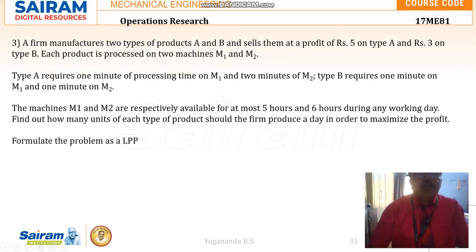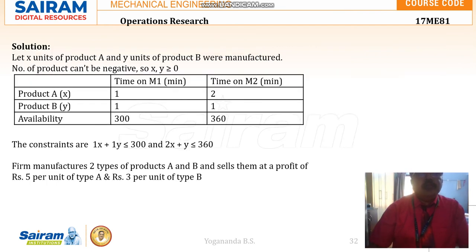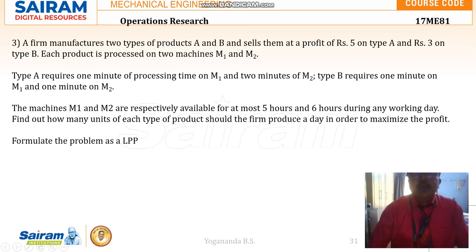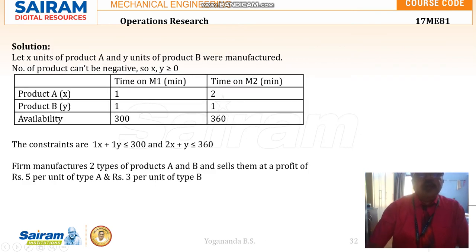The machines M1 and M2 are available for 5 hours and 6 hours respectively in a day. In terms of minutes, 5 hours means 60 into 5, so 300 minutes machine M1 is available, and M2 is available for 6 hours, which in minutes is 60 into 6, so that is 360 minutes.